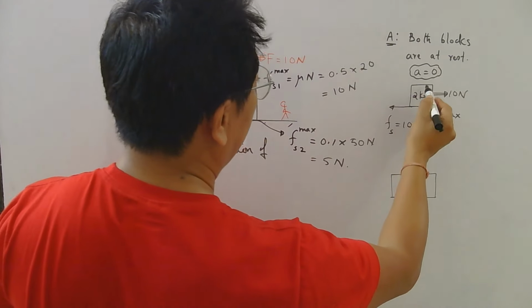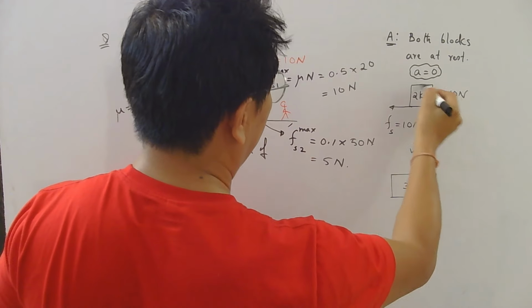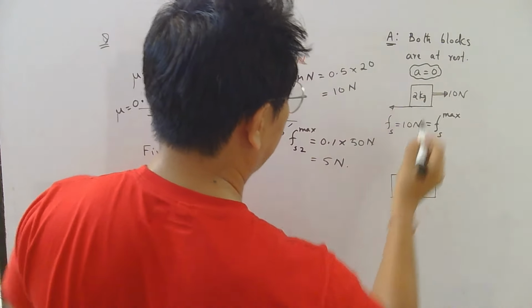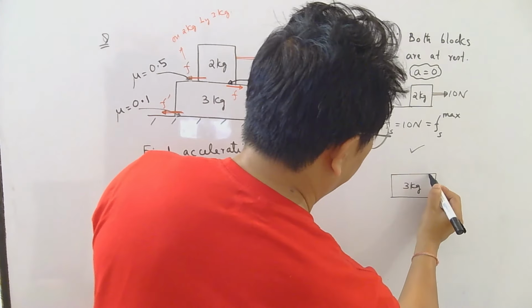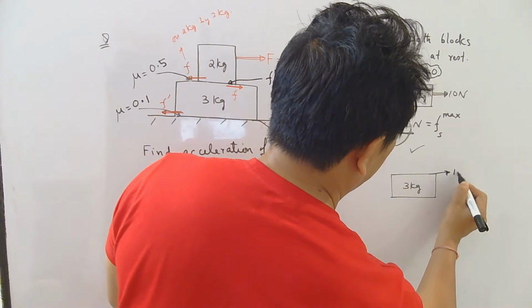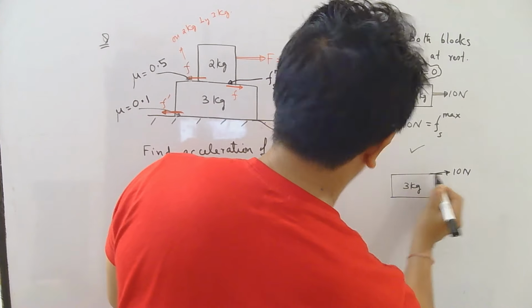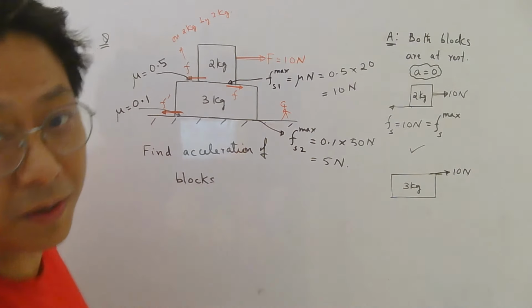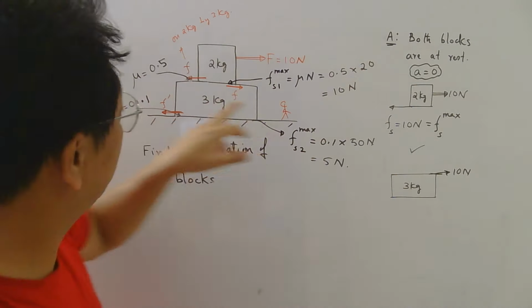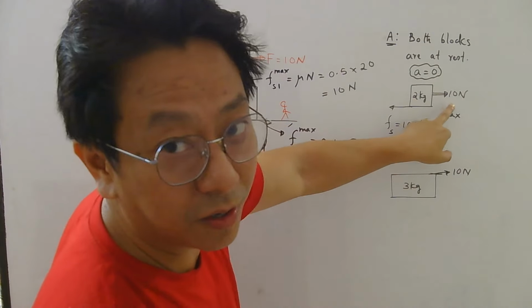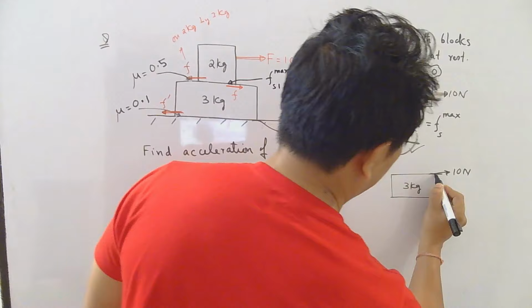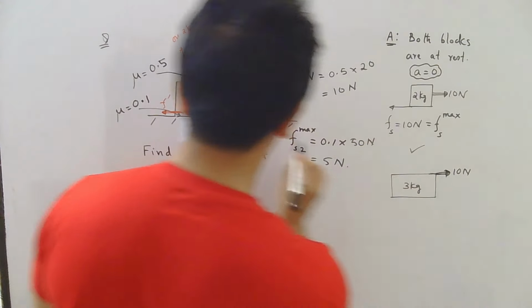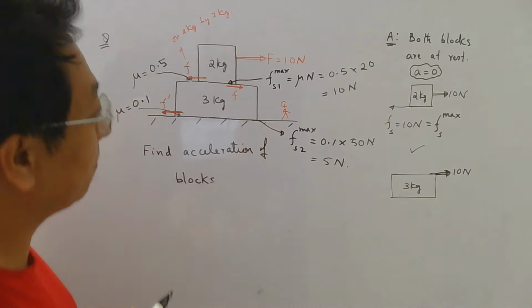Since I am saying this block is at rest, and to keep this at rest, how much friction should act here? 10 Newton. So the reaction of that will act here, 10 Newton. Right? So this is this F. I hope you remember. So right now in this assumption, this friction is 10 Newton, and this also should be 10 Newton. Right? Action reaction. These two are action reaction.